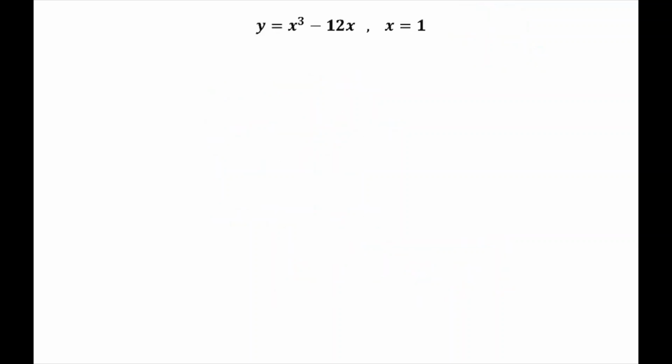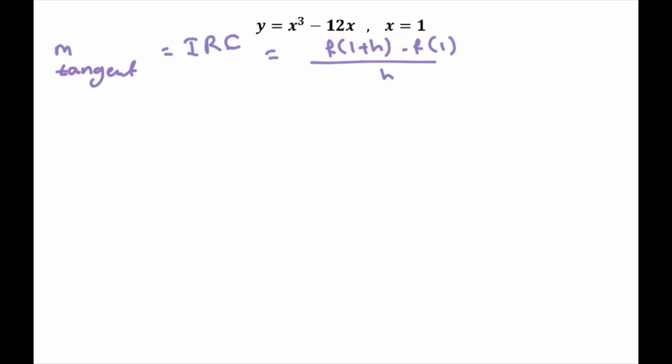So now here we are going to find again the equation of the tangent at x equal 1. We're going to do again: the slope of the tangent is the instantaneous rate of change, which is equal to f(1 plus h) minus f(1) over h. And now we are going to find f(1), which is 1 cubed minus 12 by 1.